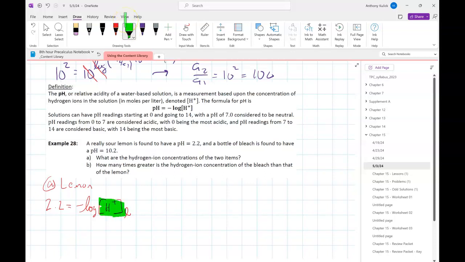This is what I'm trying to get by itself, right? The thing on the end is just a subscript, because we have to do this once for the lemon and once for the bleach. So I put an L on the end for lemon.